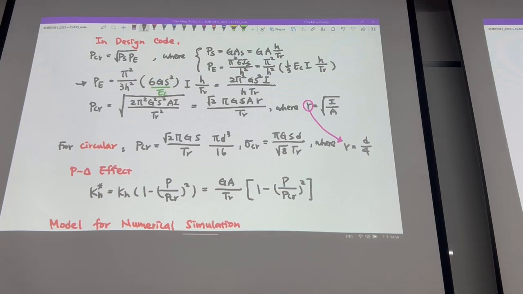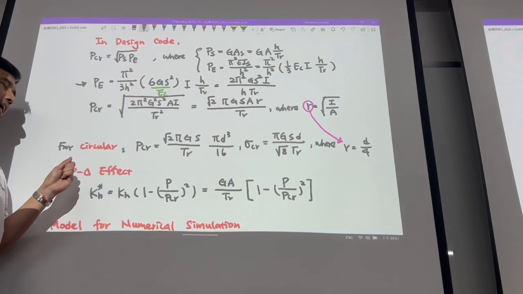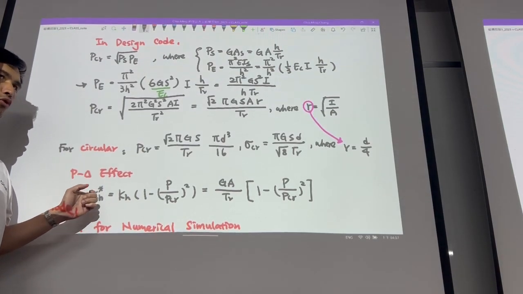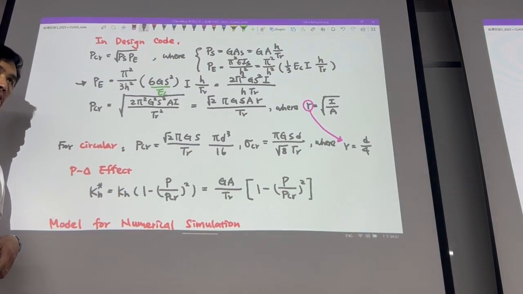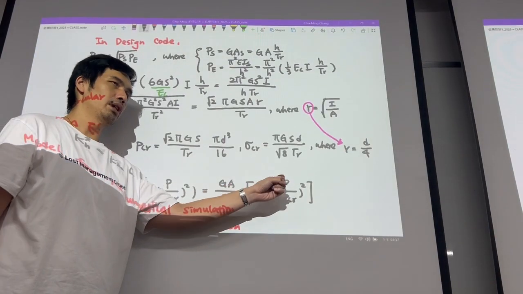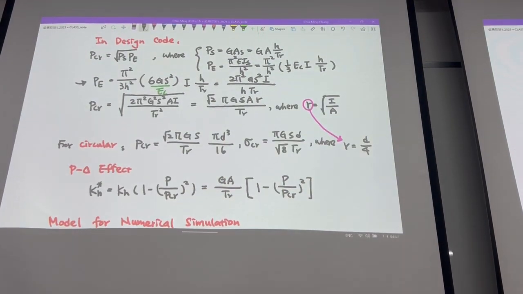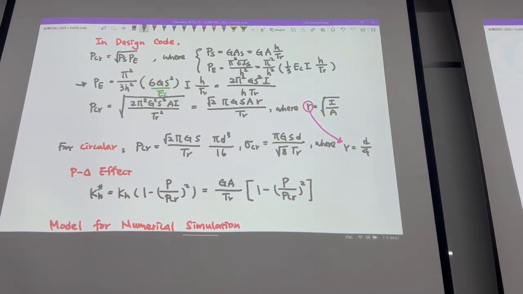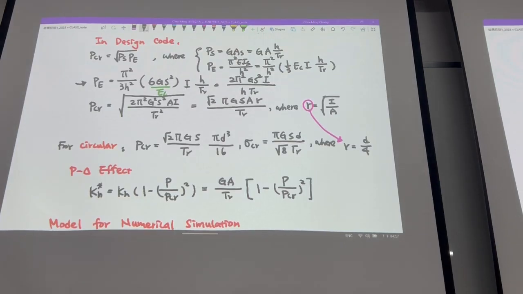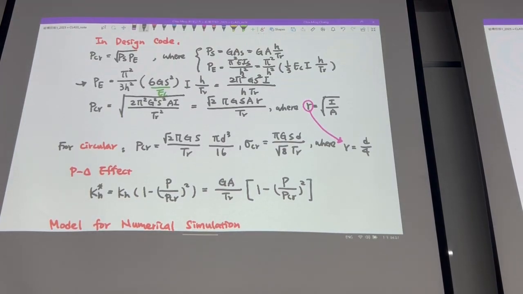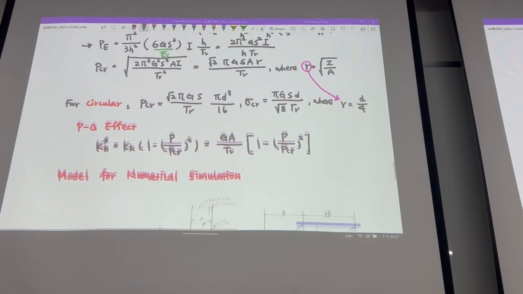So when you want to do a detailed simulation, for every step you have to change your horizontal stiffness, because your P will be affected by the vertical ground motion.